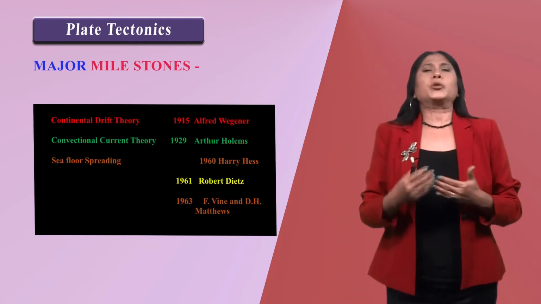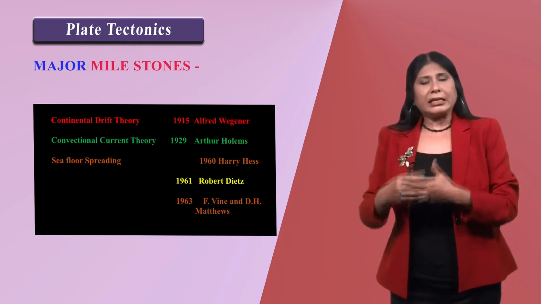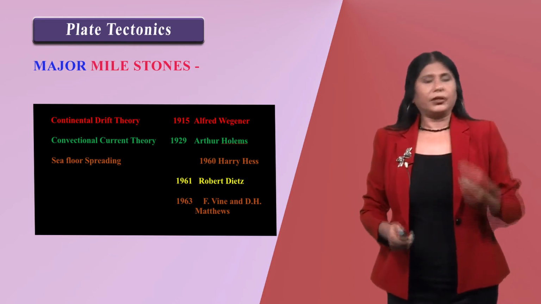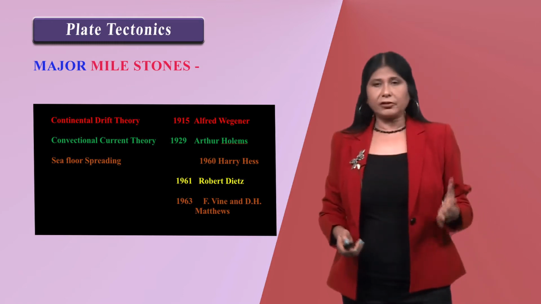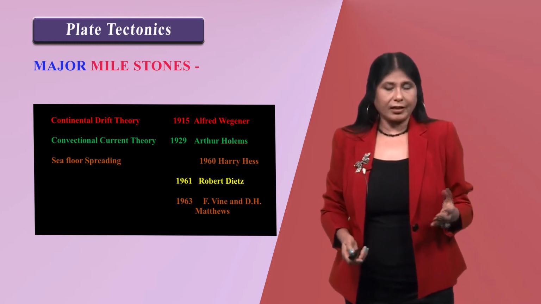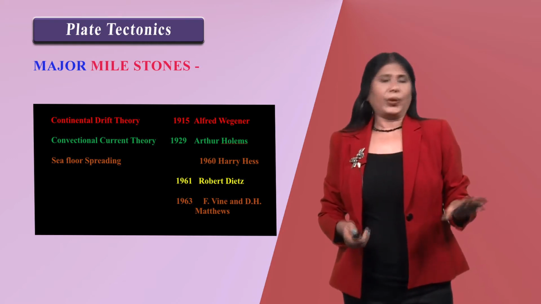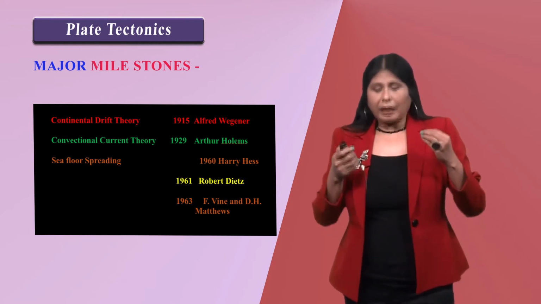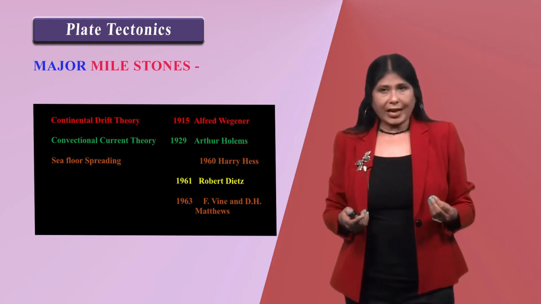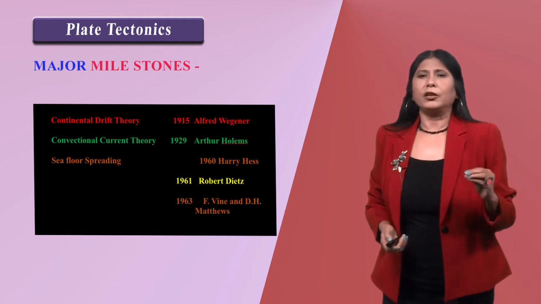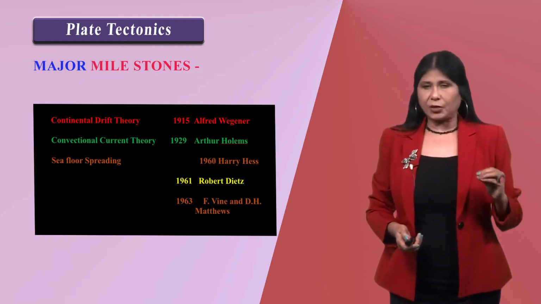The major milestones for continental drift theory to take its birth. The first and foremost was continental drift theory by Alfred Wegener. That had created the question whether the continents were actually joined together as one and drifted away from each other. The convectional current theory of Arthur Holmes in 1921.